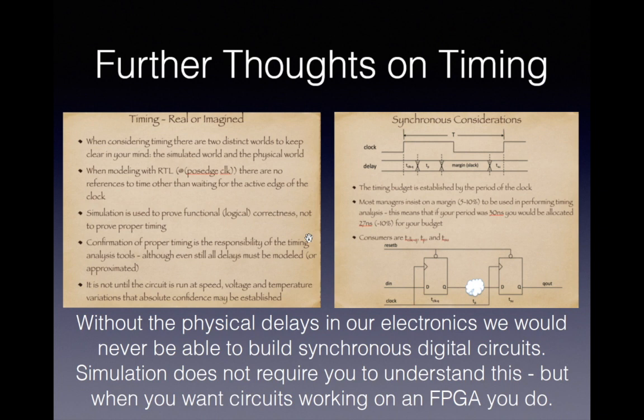And you'll find that different managers, when they are overseeing teams of engineers, will tax the engineers, meaning that they may say, oh, I want you to have a 10% margin. So when you do your timing analysis, even though your clock period is 30 nanoseconds, tell the tools you have 27 and see if it still works. And what they're trying to do is hedge their bets. They want to make sure under all circumstances, temperature, voltage variations, this circuit continues to work properly.